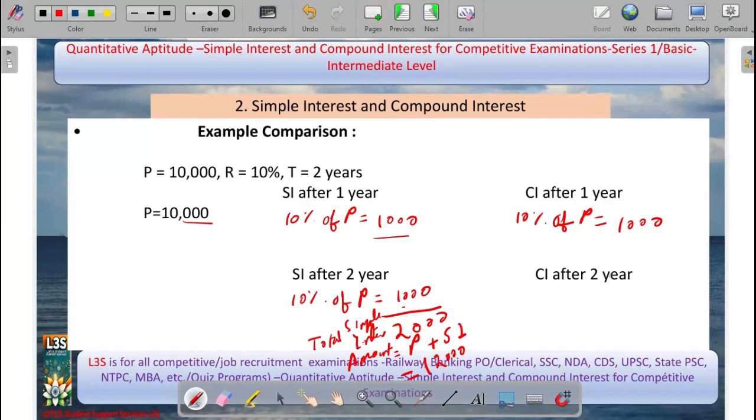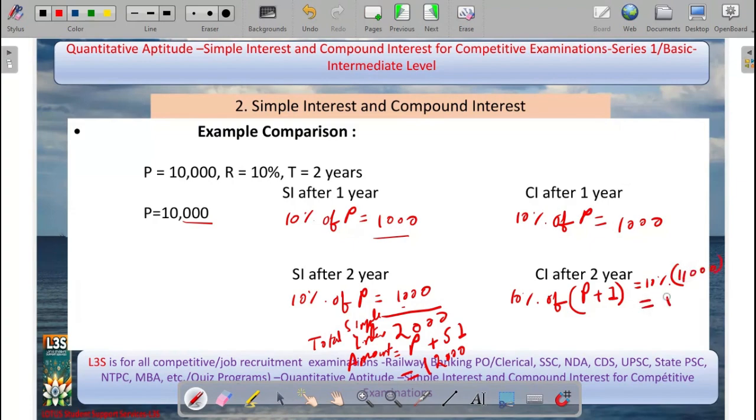Now here CI after the second year will be 10% of P plus previous year interest. That means P plus interest of the previous year. That will be 10% of 10,000 plus 1,000. So that will be 11,000.